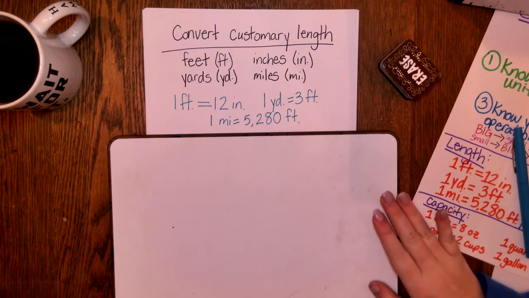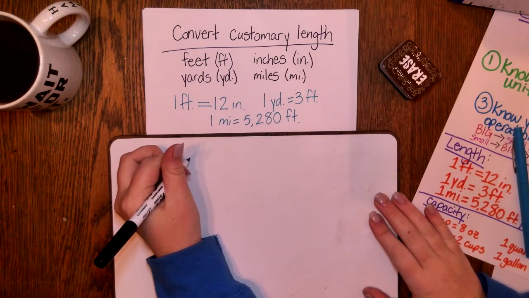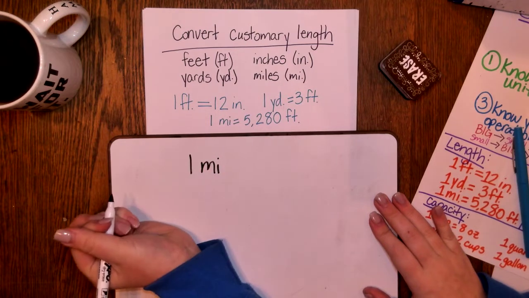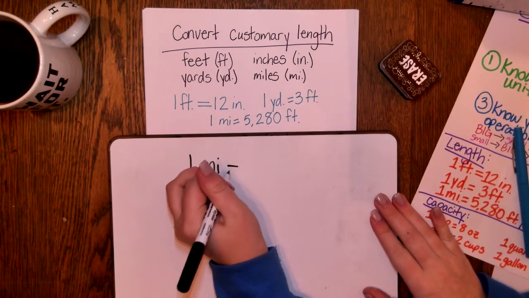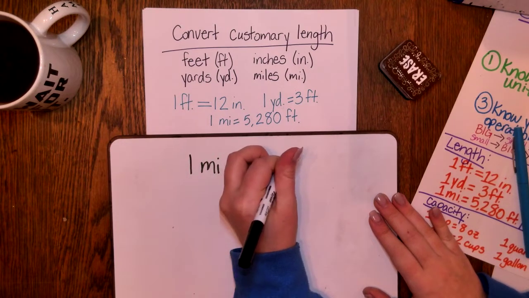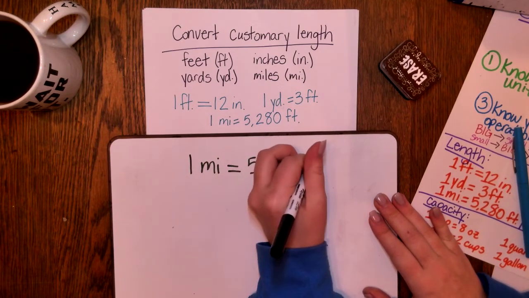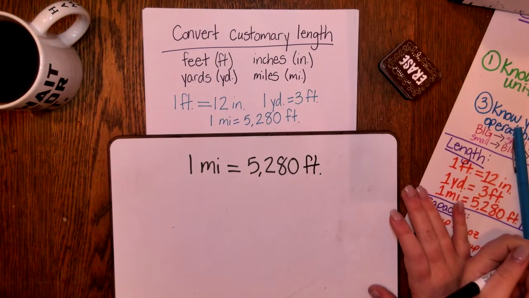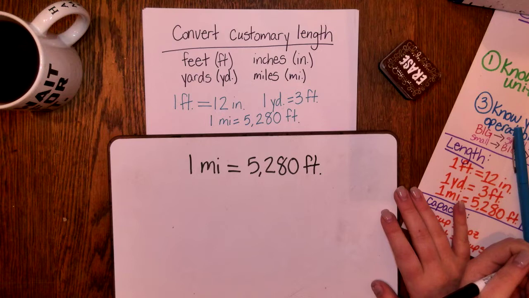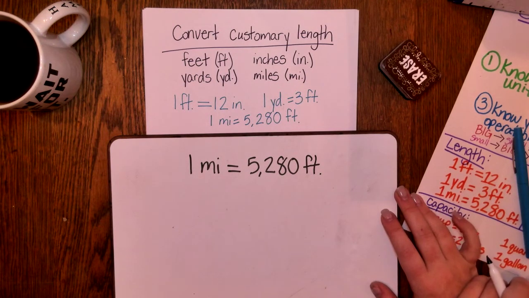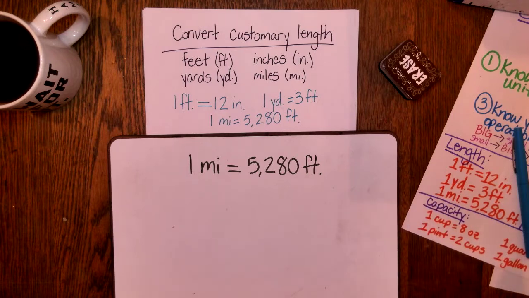Now let's look at miles. We know for 1 mile, there are 5,280 feet. Whew, that's a lot of feet. In order to do this, we have to know, are we going from big to small or small to big?